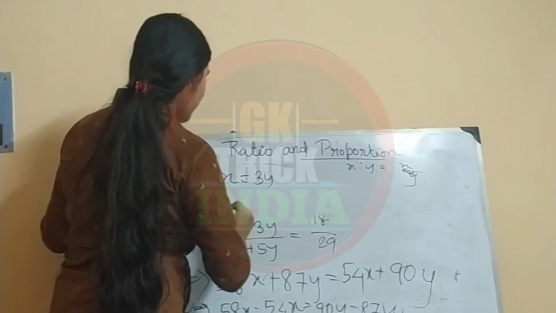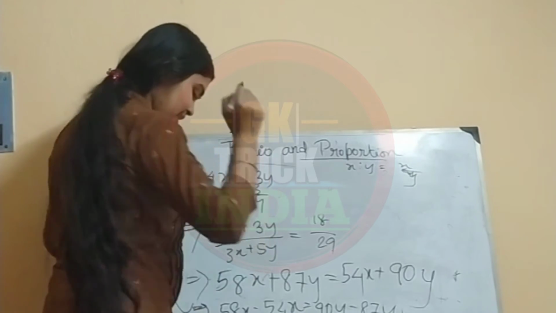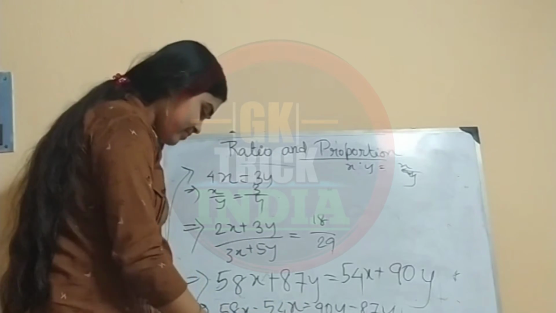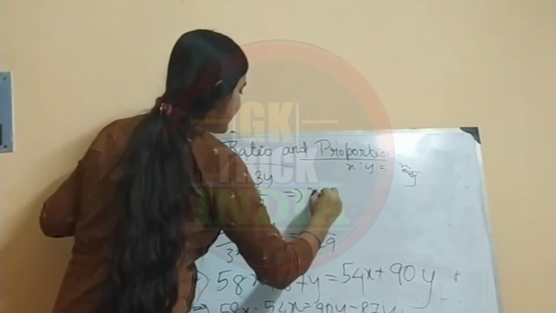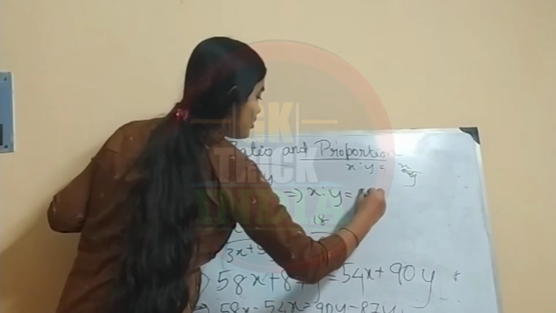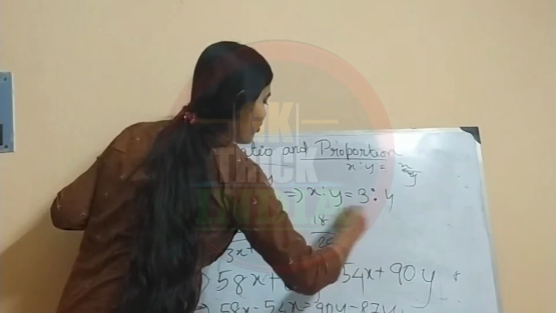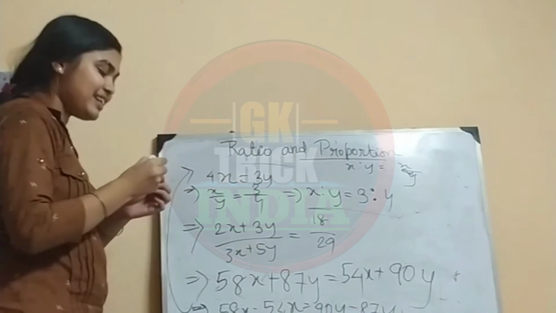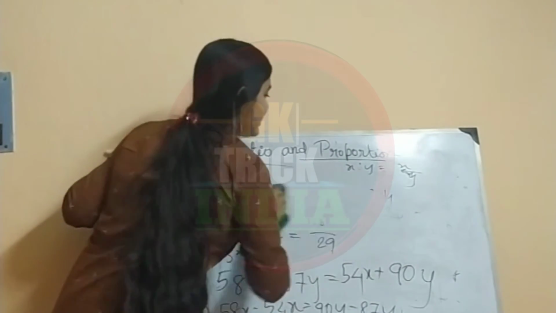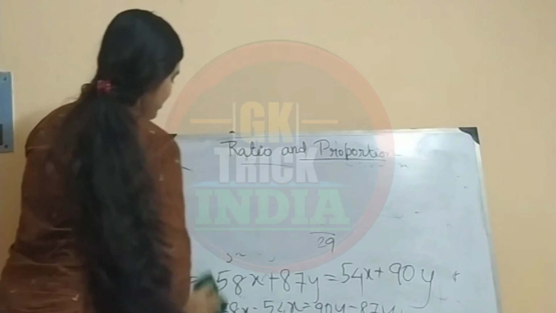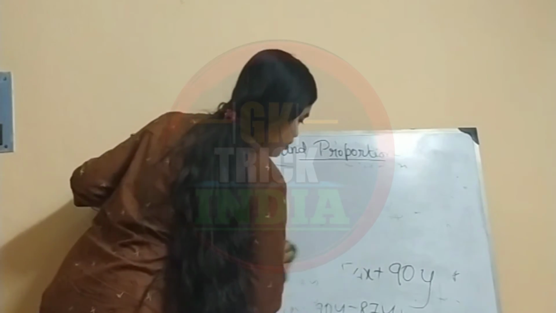So x by y equals 3 by 4. Isn't it very easy? Yeah. So we have found out x is to y equals 3 is to 4. Yes, we have done it. I know all of you can do it. It's very easy.